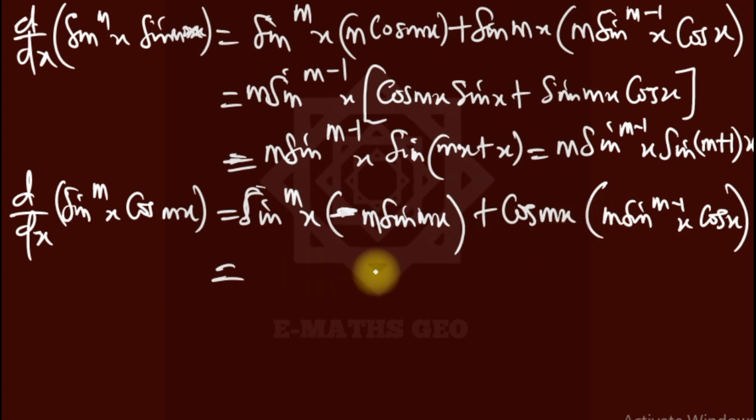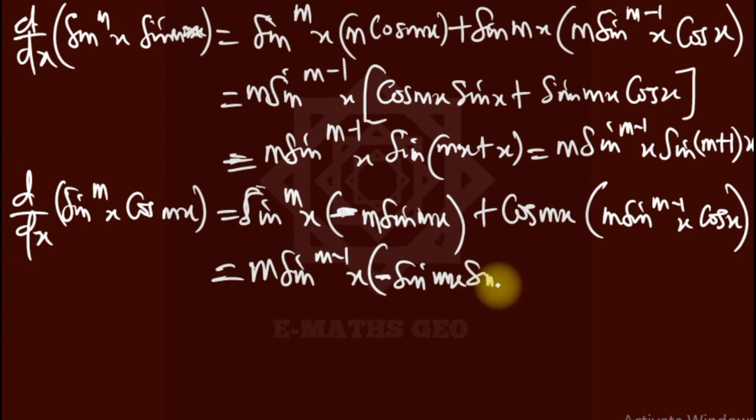Looking at this again, we have a common term of m sine x raised to power m minus 1. We are left with minus sine mx sine x plus cos mx cos x.